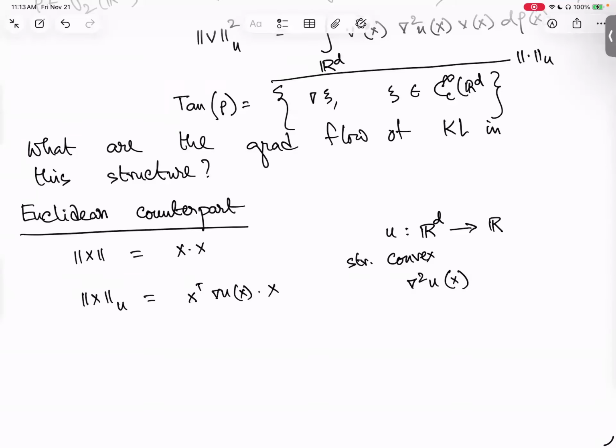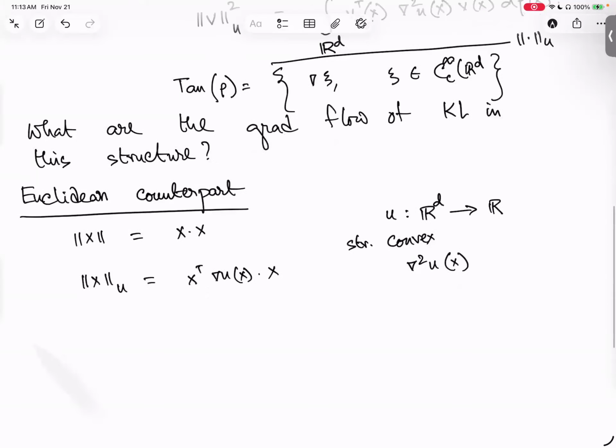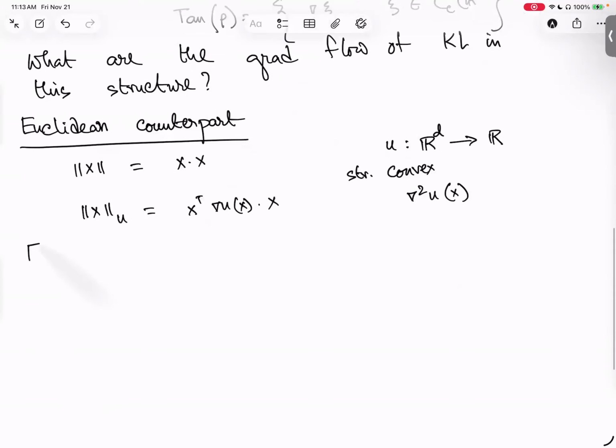What you get out of this is that you have distorted the flat Euclidean geometry to a geometry called a Hessian geometry. The flat Euclidean geometry is now distorted by introducing a curvature.